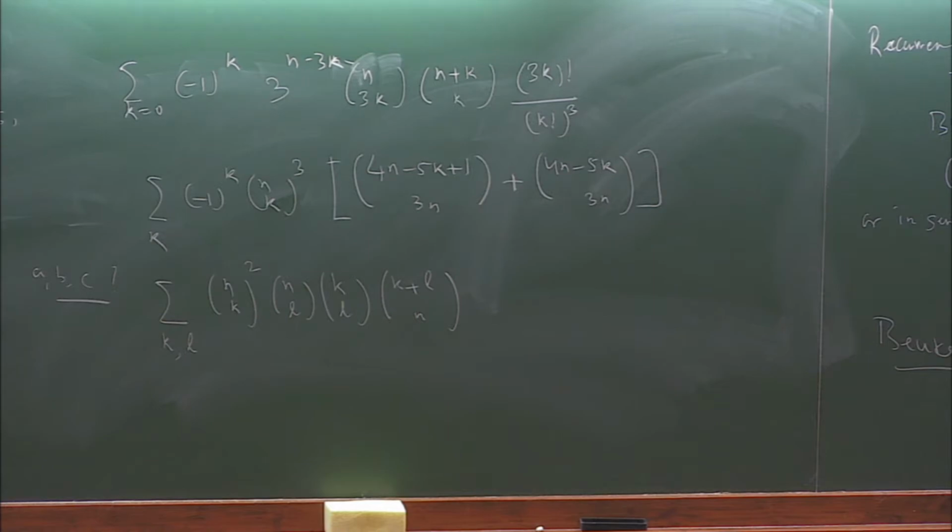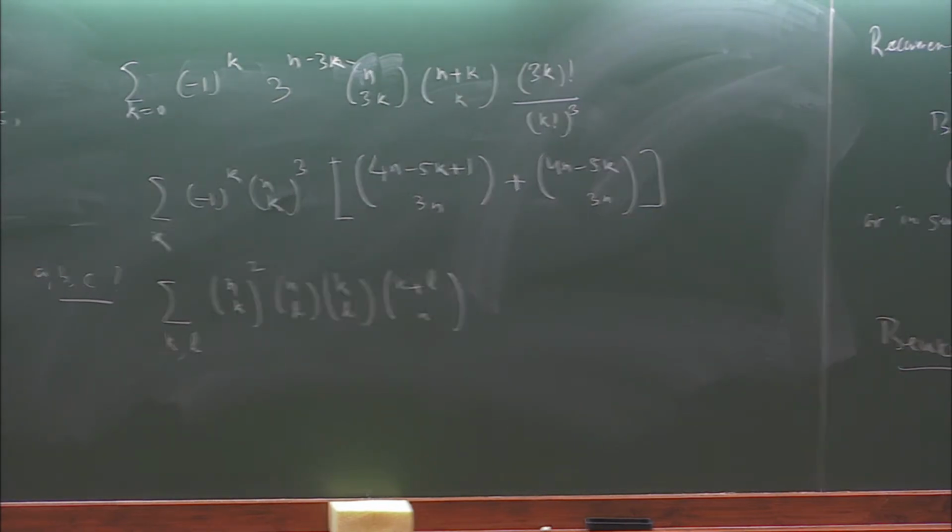For certain values of a, b, c, then the similar congruence we are looking at: u_{mp^r} congruent to u_{mp^{r-1}} modulo p to the power kr.